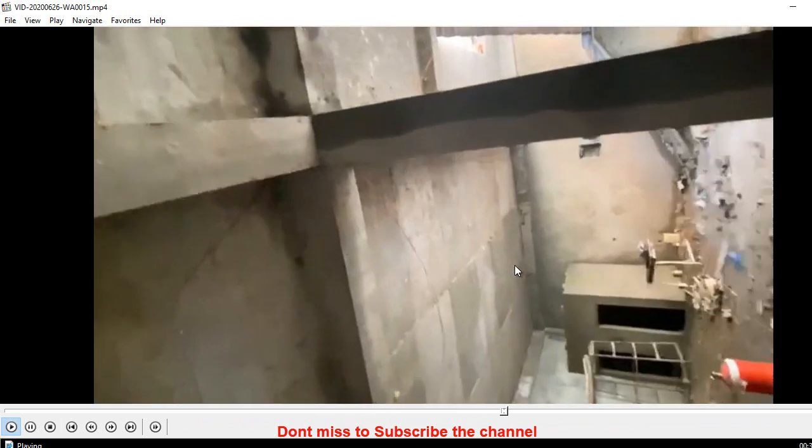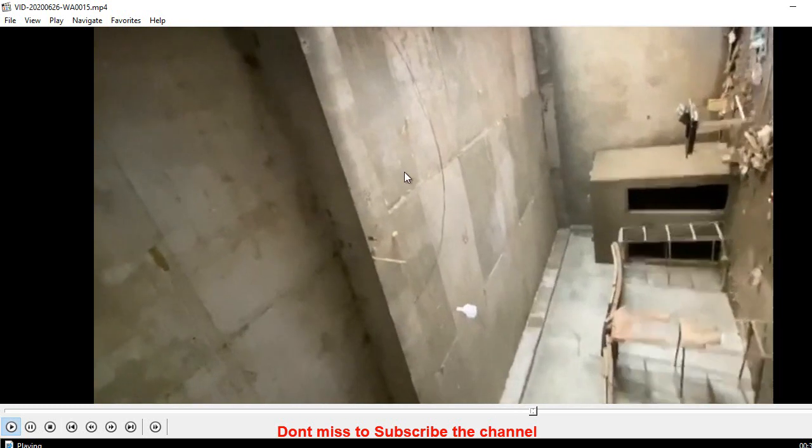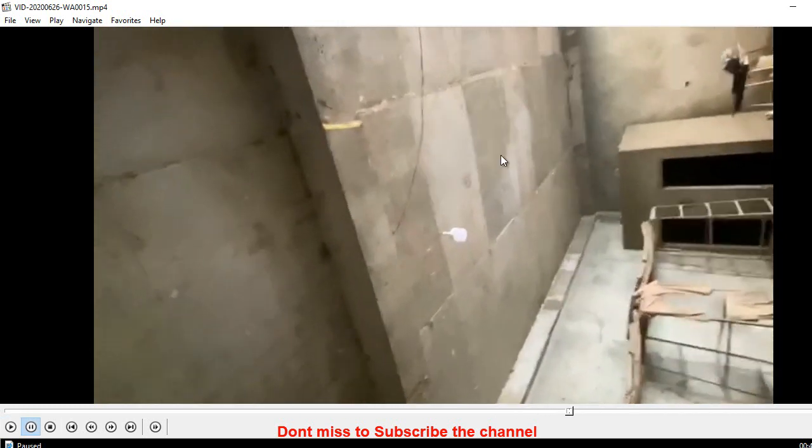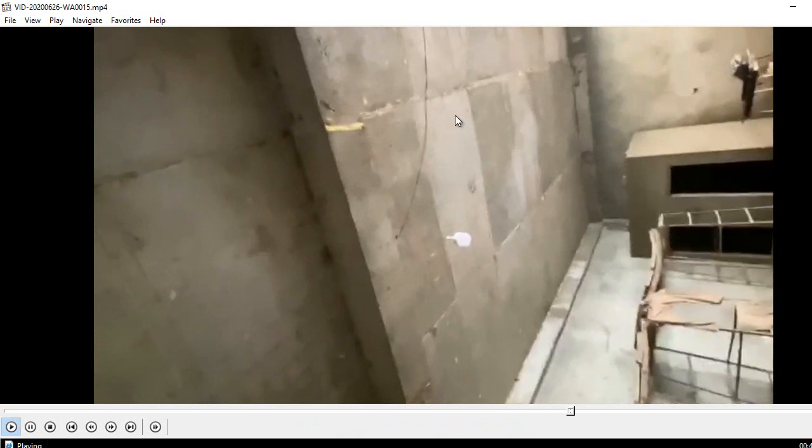These are the requirements of the ACI code that you have to fulfill. The slab system you see here is a two-way slab system, but it also failed. It also cracked. I will show you the crack pattern of this slab system.